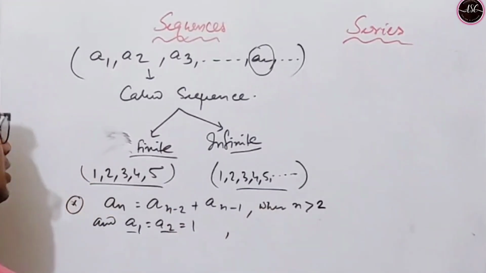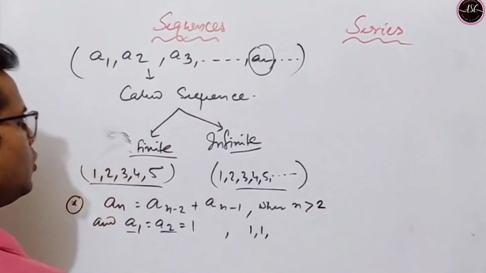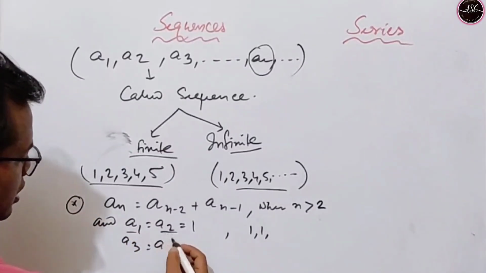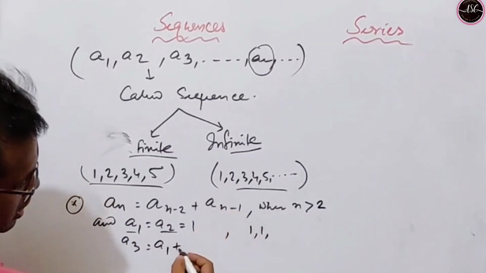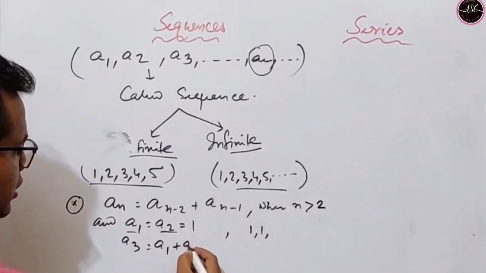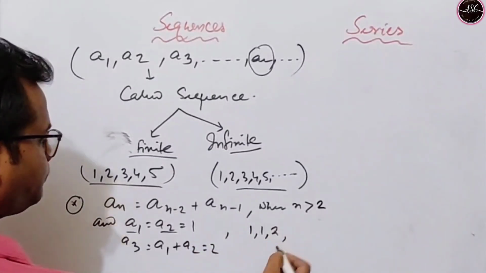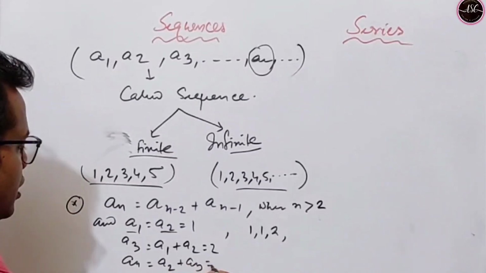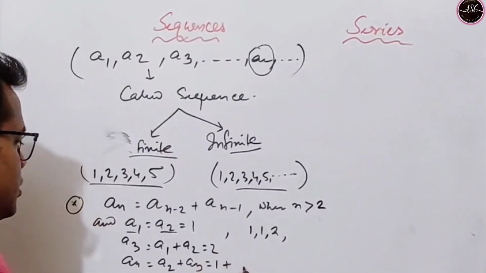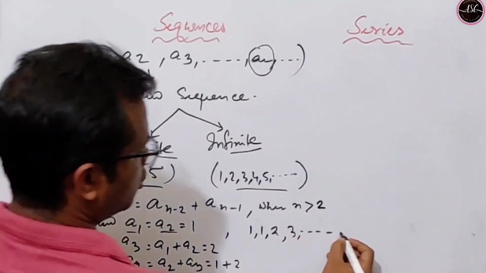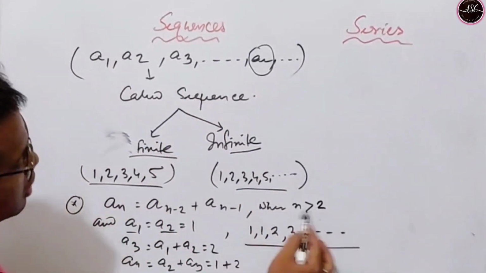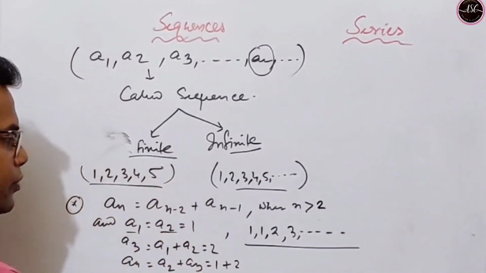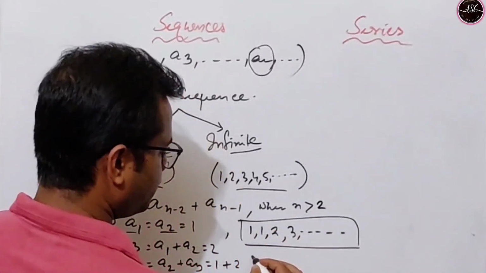So if we write the sequence, then that will be 1, 1, and the a3 term will be a1 plus a2, that means 2. a4 is equal to a2 plus a3, 1 plus 2, that means 3. Here just look, in the sequence there is no visual pattern.